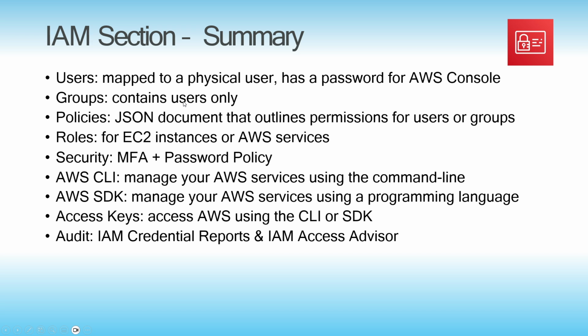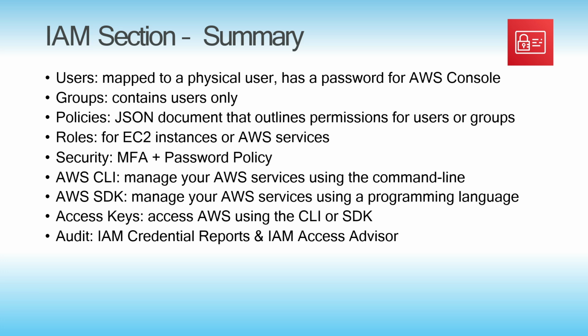Last but not the least, the whole section of IAM that we have covered. First one is map to a physical user. One user is one credential, meaning every person has their own credential. Groups can contain users only.